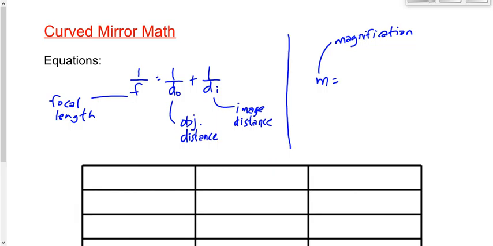So if the object is 2 centimeters high and the image is 6 centimeters high, then the magnification would be 3. In biology class, you use microscopes where the magnification of the ocular lens, I think, is 4, and the objective lens has options, 10 is one of them and 100 is another.